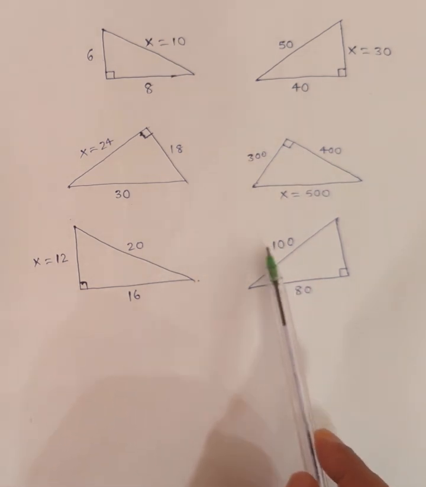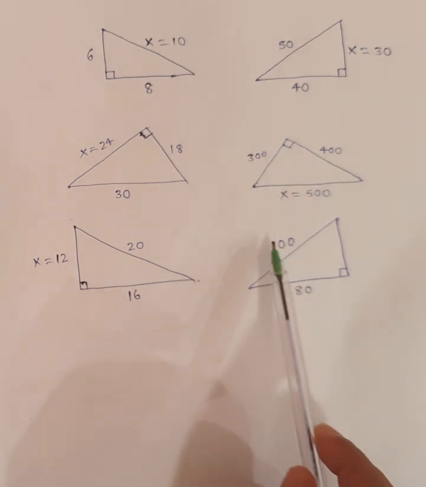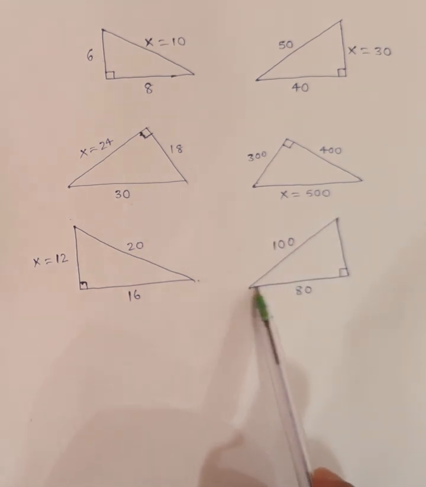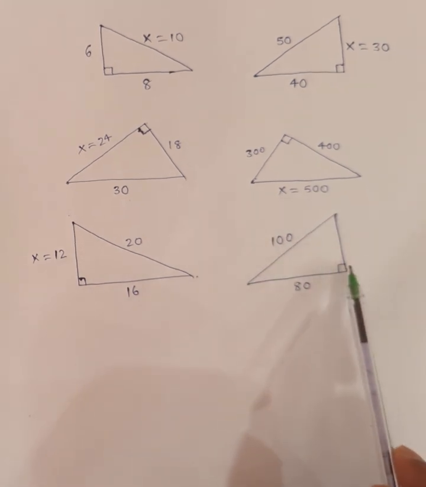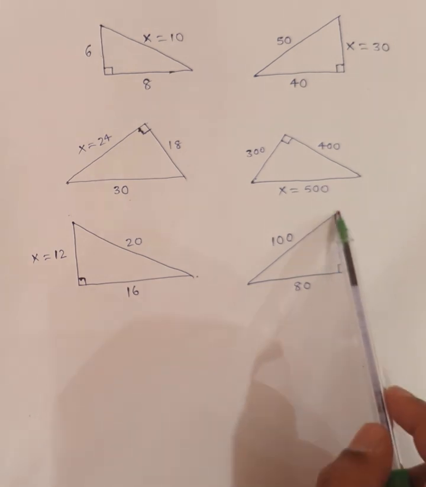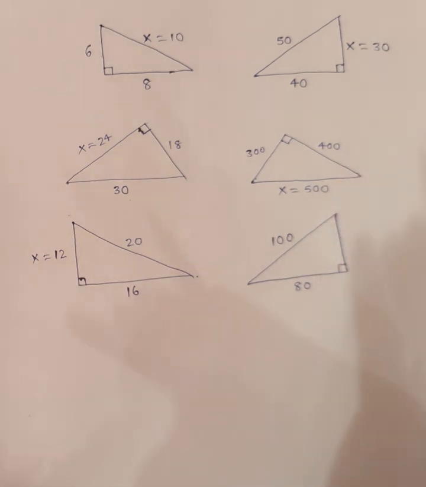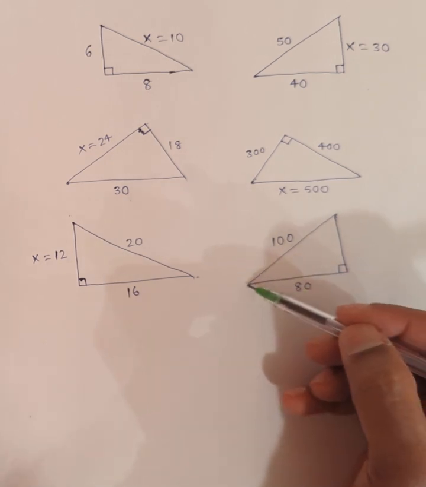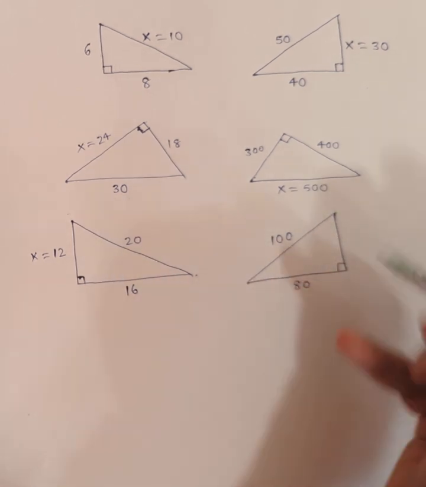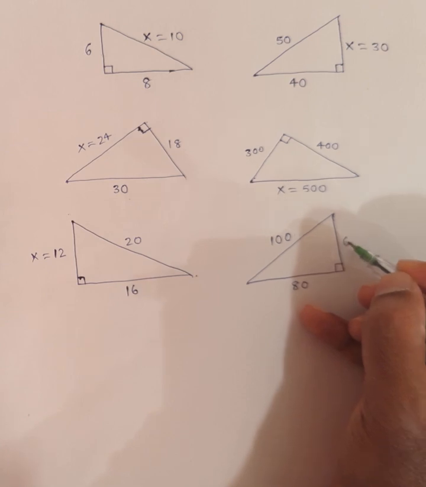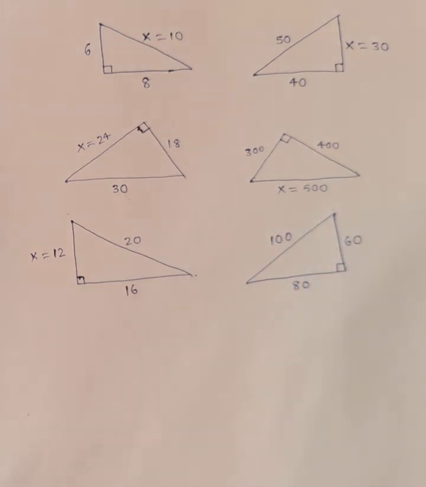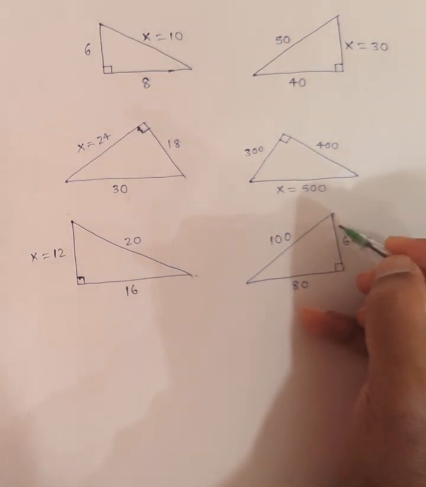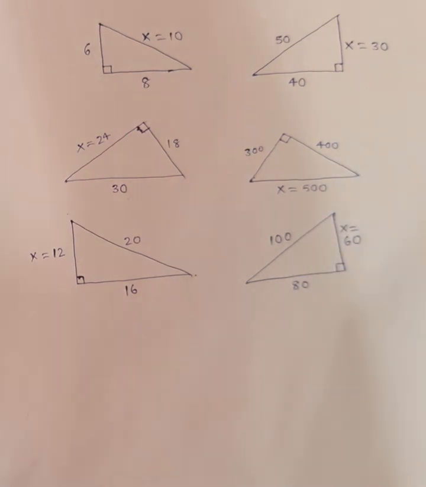Then this is 2 times 5, that's 2 times 4. So this corresponds to 5, this corresponds to 4, which means this should correspond to 3. But it's 3 times what? Well, this was 20 times 5, 20 times 4, so this would be 20 times 3, and that is 60. So this was the missing side, and we just found it to be 60.